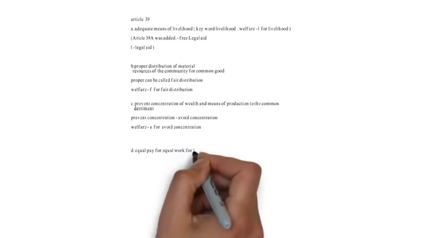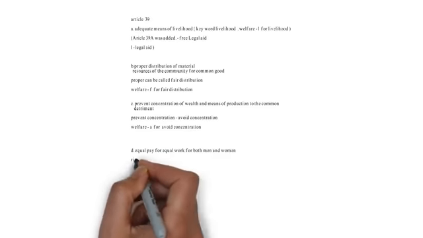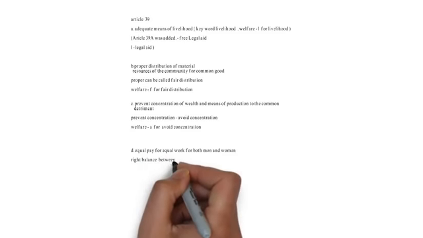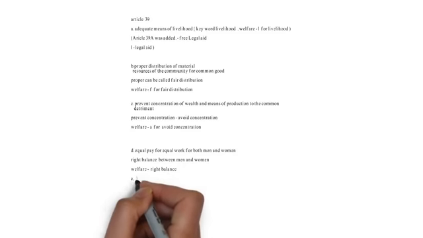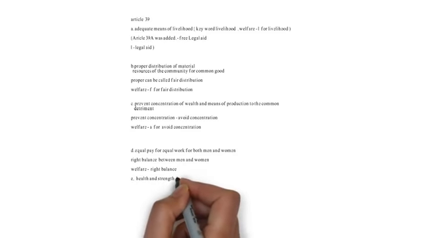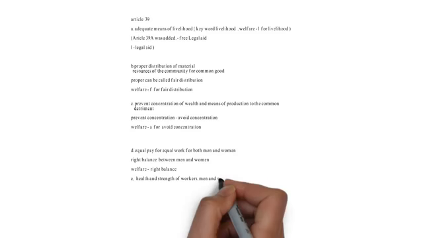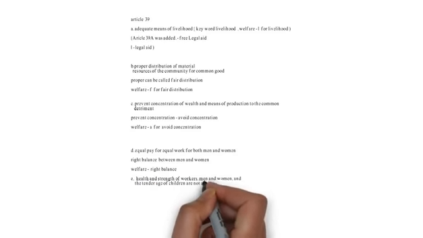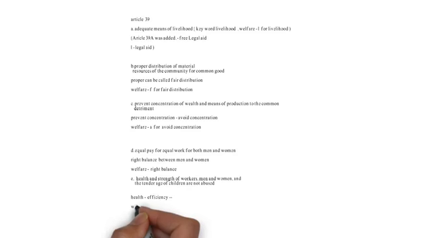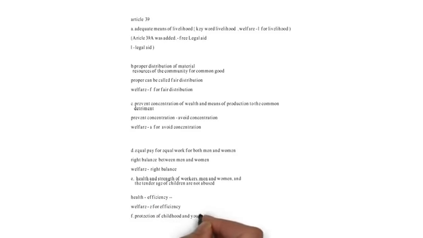Then the second provision in Article 39 is proper distribution of material resources of the community. Now proper distribution will also mean that fair distribution is done, so you can relate proper distribution to fair distribution. Again, you will have to get acquainted with all the articles in order to relate the words.